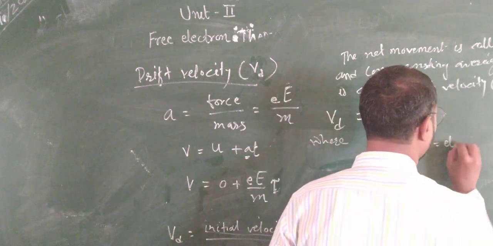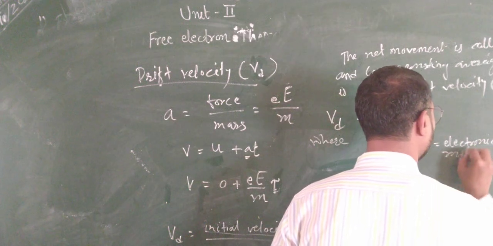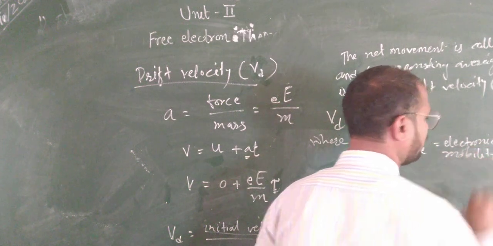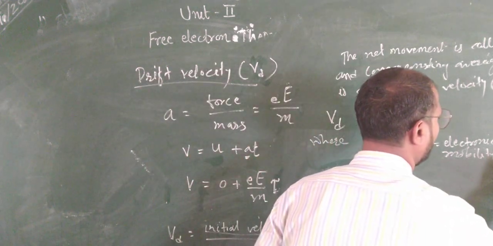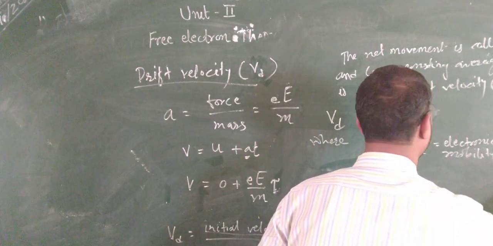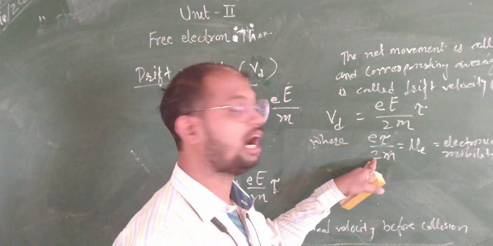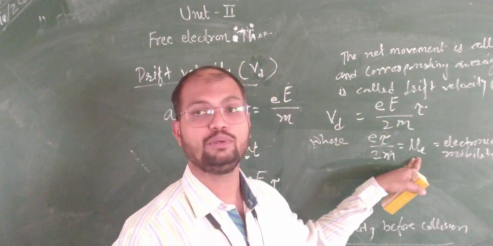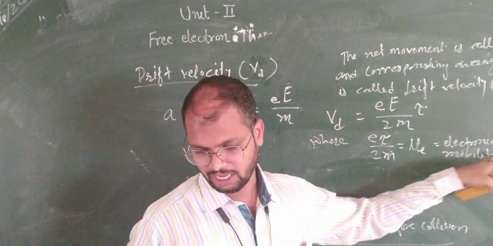It is called the electronic mobility of an electron.